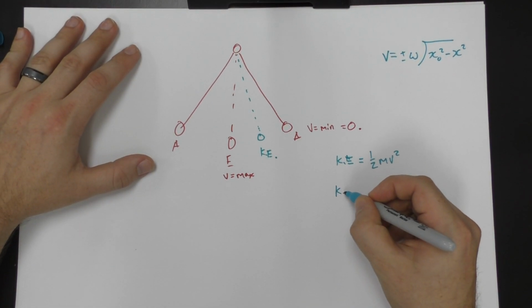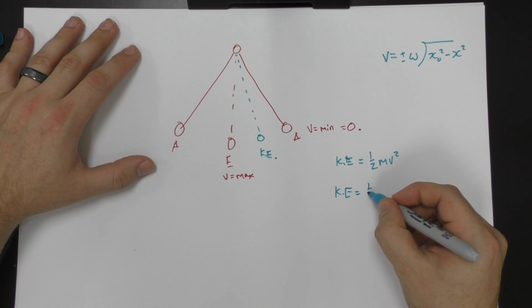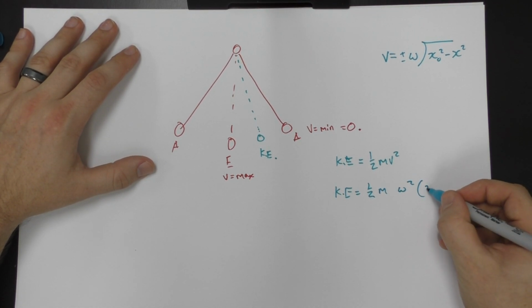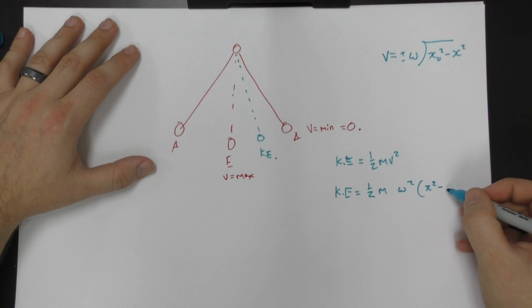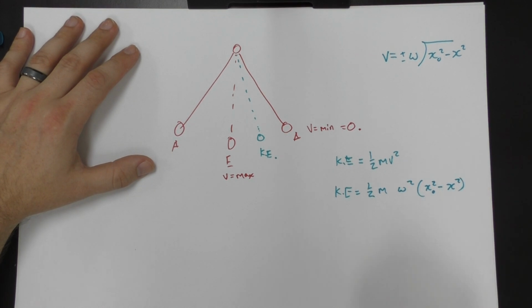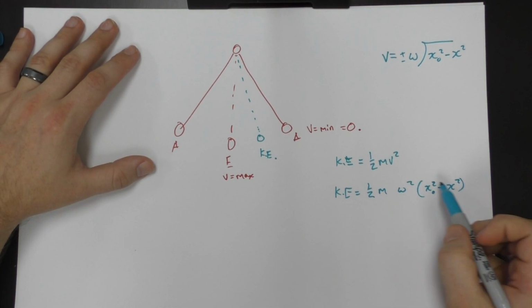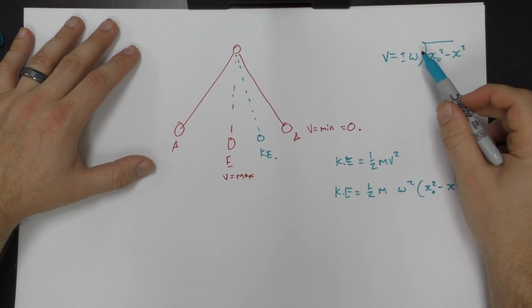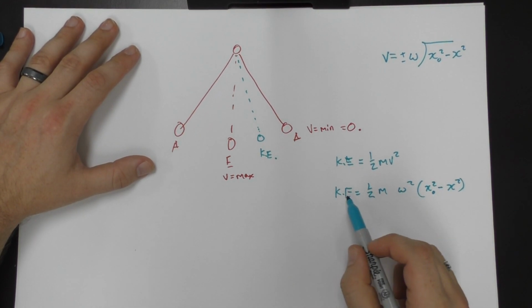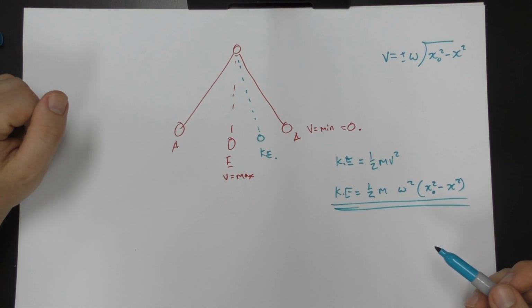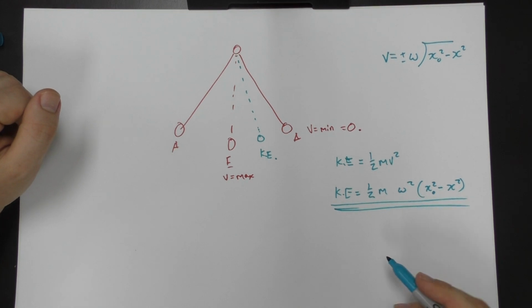We can say that kinetic energy is equal to a half m omega squared (x naught squared minus x squared). Because we've squared both of these values, we've got rid of the square root, but we squared this value right here. And actually what we've come up with now is a nice equation for kinetic energy. So we've got that one.